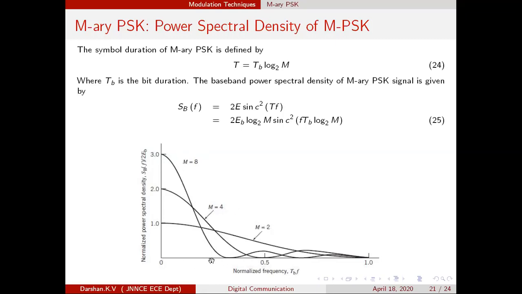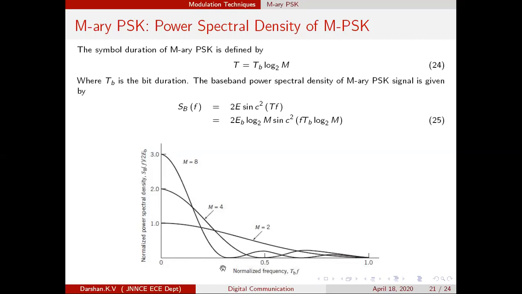So this length is called the bandwidth. Let us concentrate only on the M equal to 8 curve. What is this curve called? This curve is called the power spectral density, which shows how the signal frequency is distributed: which frequency carries the higher power, or what is the range of frequencies.